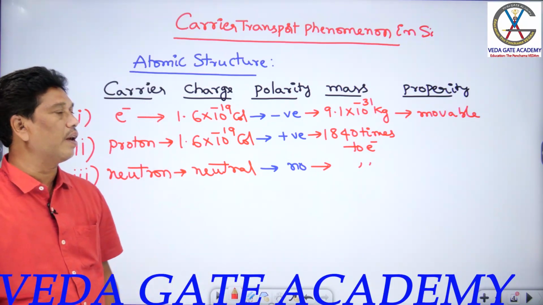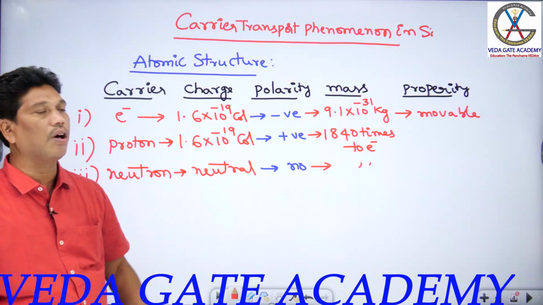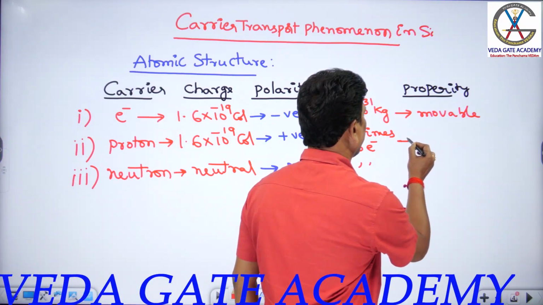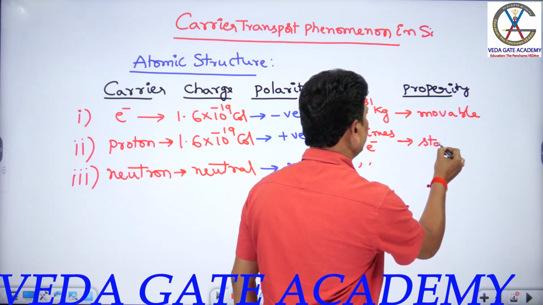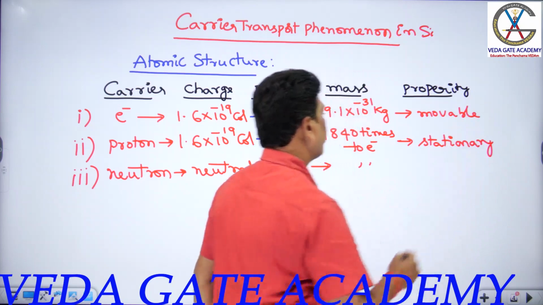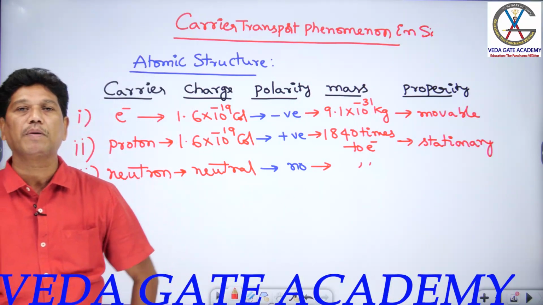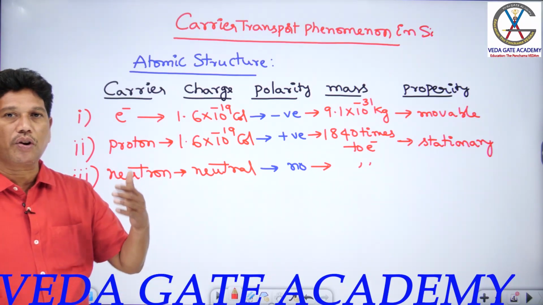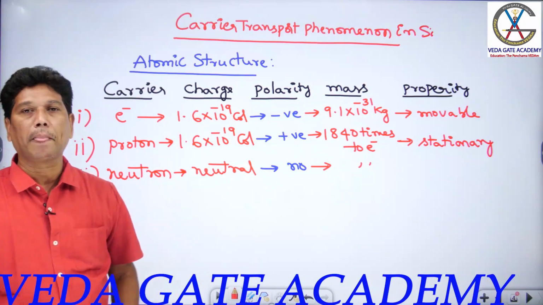So what about the proton? The proton has the same charge as the electron, but you remember here, the proton is stationary. Stationary means fixed in position. It is unable to move or travel.